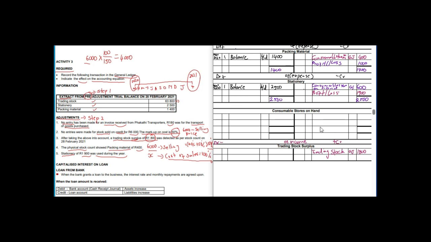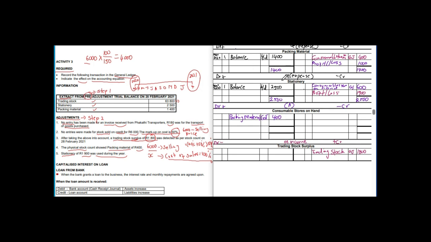Consumable stores on hand is an asset, and all assets increase on the debit side while they decrease on the credit side. So we are going to have packing material in the general journal of 400, which we are converting.